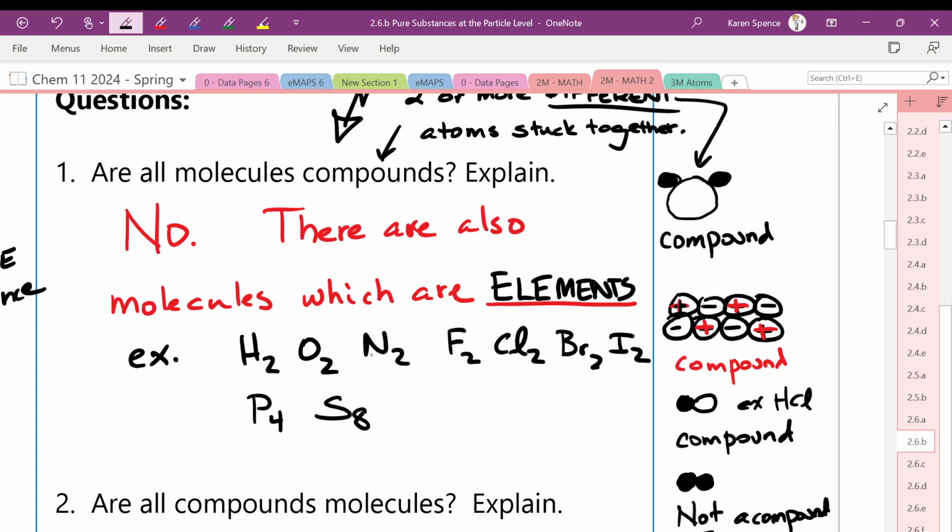Okay, and so we would have P4, which kind of looks like a little pyramid kind of thing. I'm trying to draw it in 3 dimensions, not succeeding very well. Cl2.